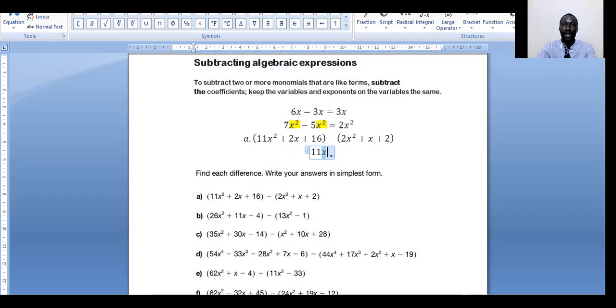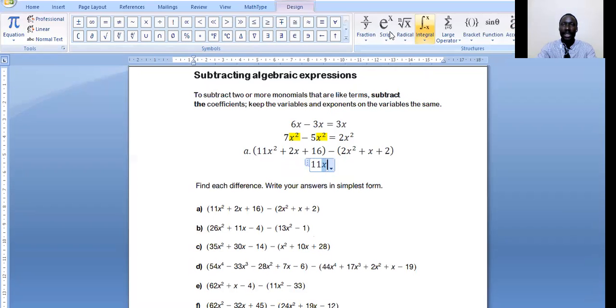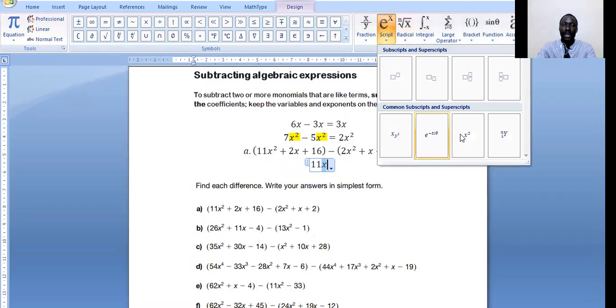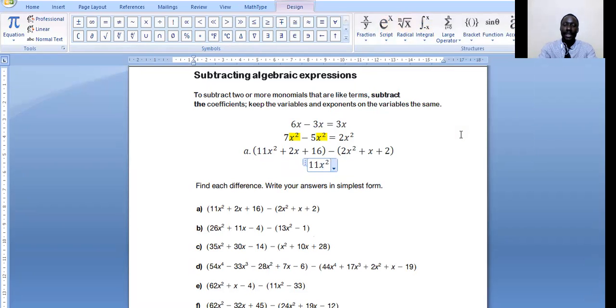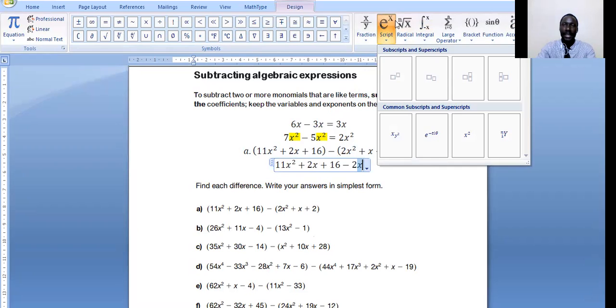The system did not allow it, so we will just stick to this. This is 11x squared plus 2x plus 16, minus 2x squared.